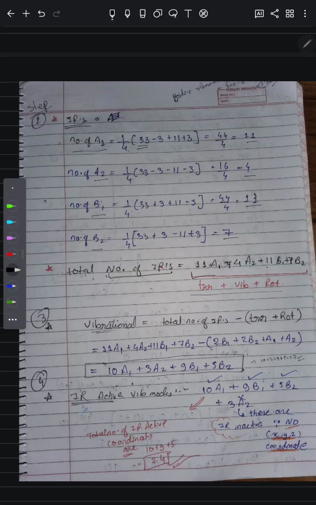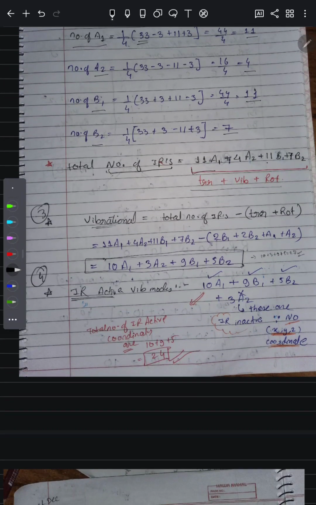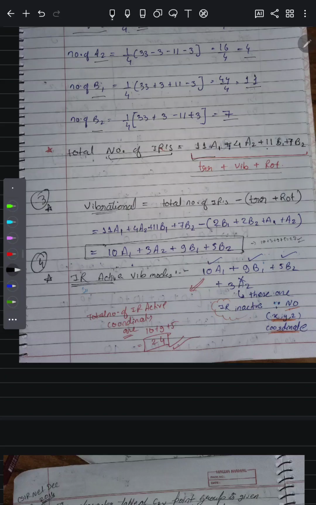We will get the translational plus vibrational plus rotational. So for identifying the vibrational, we will take the total irreducible representation minus translational plus rotational. Putting in all the values, these are the total, minus the translational plus rotational. How do we calculate this?